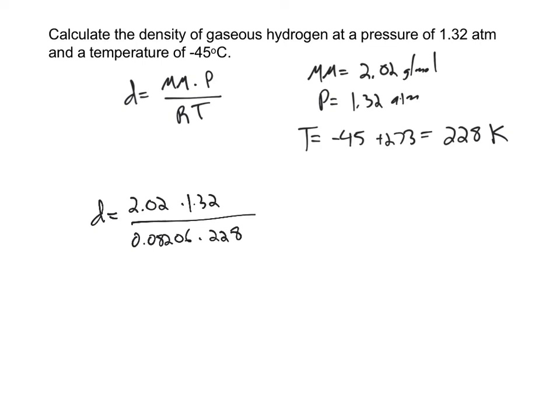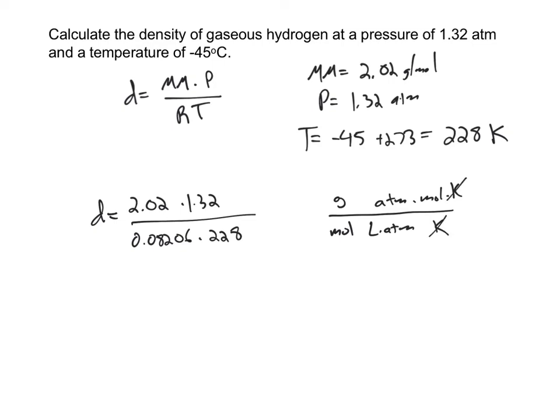And so for my units, the molar mass is grams per mole. The pressure is atmospheres. And R is on the bottom, and I have liters times atmospheres, and then the mole and the Kelvin will go on the other side of the divisor, and the temperature is in Kelvin.